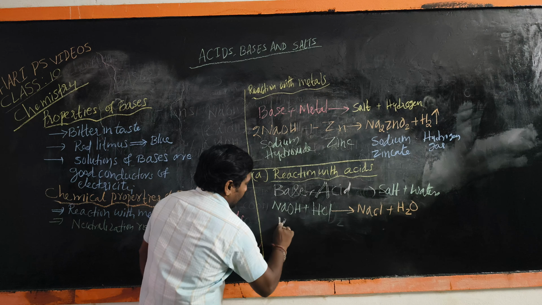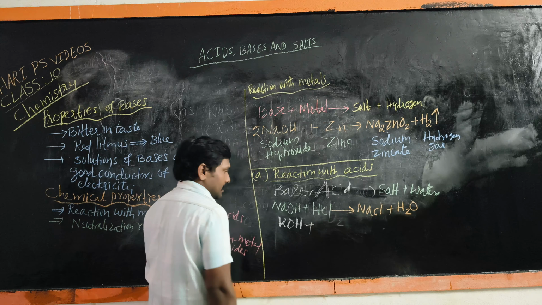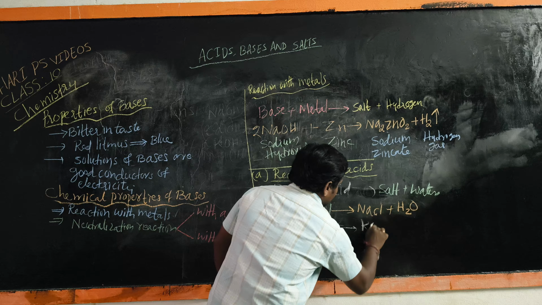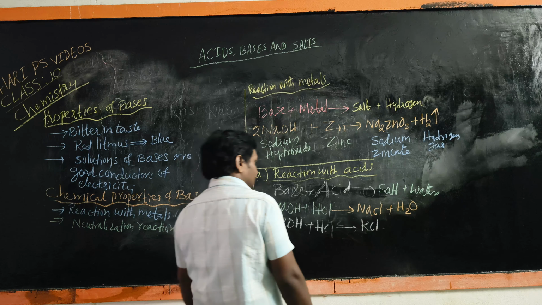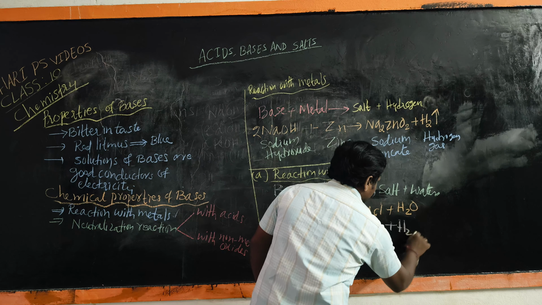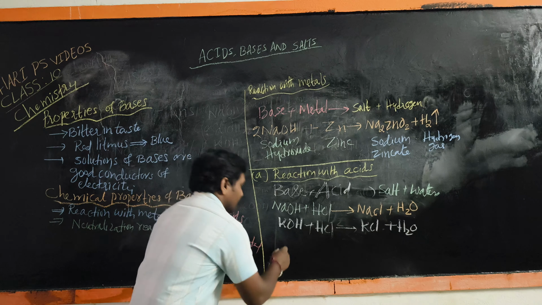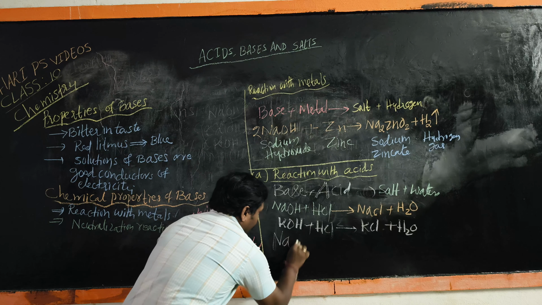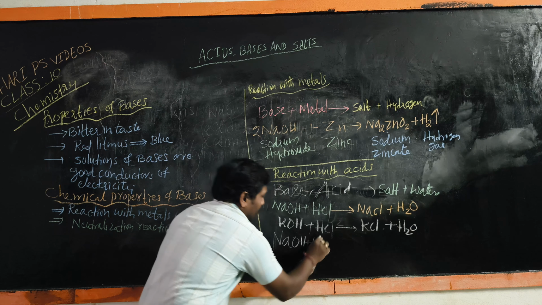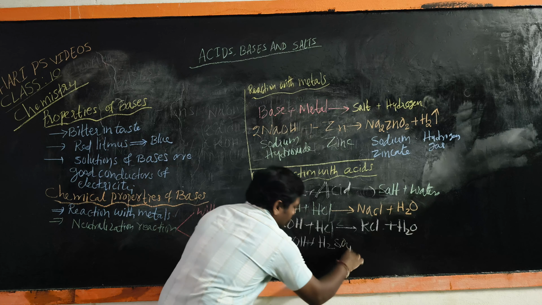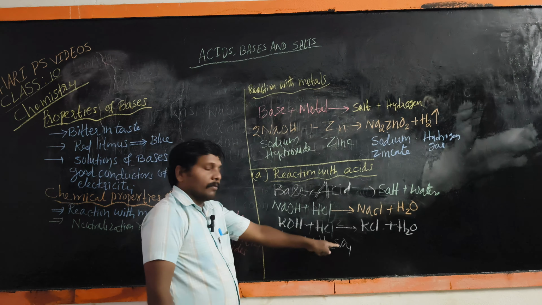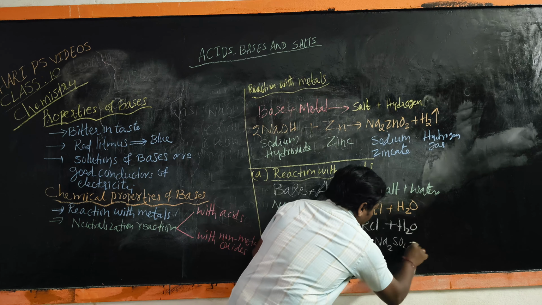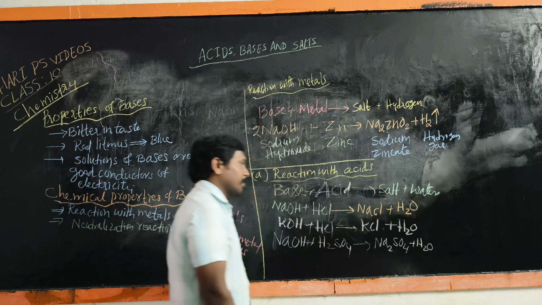Similarly, potassium hydroxide plus HCl also gives us potassium chloride plus water. Then one more example: sodium hydroxide plus H2SO4, sulfuric acid, gives us sodium sulfate plus water.